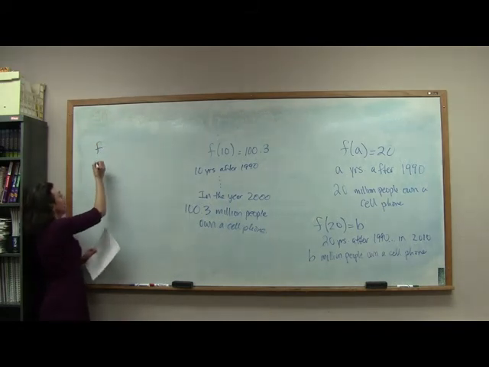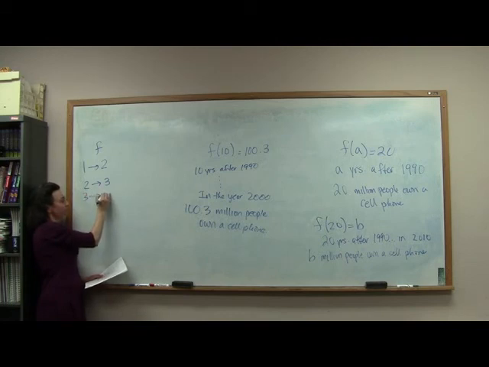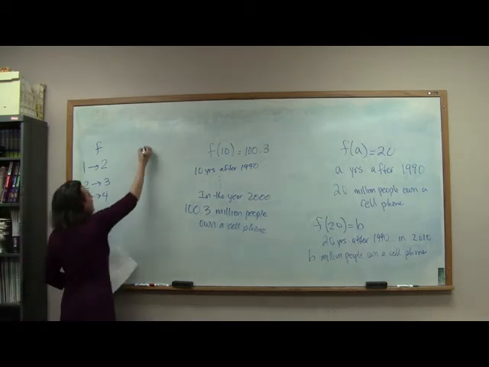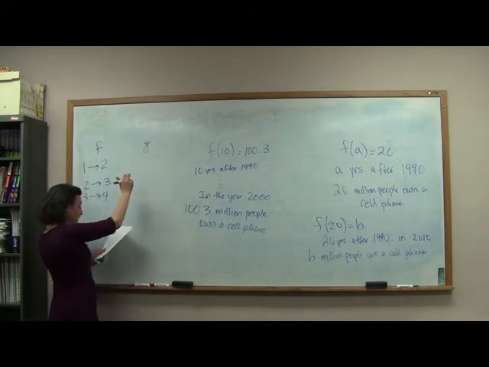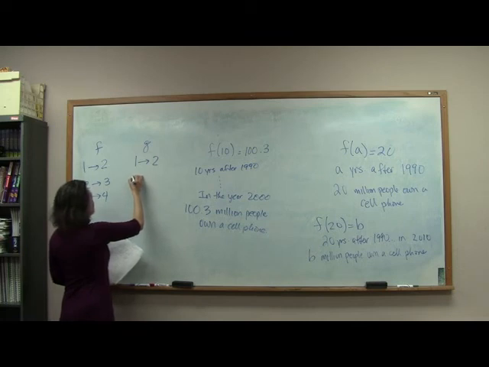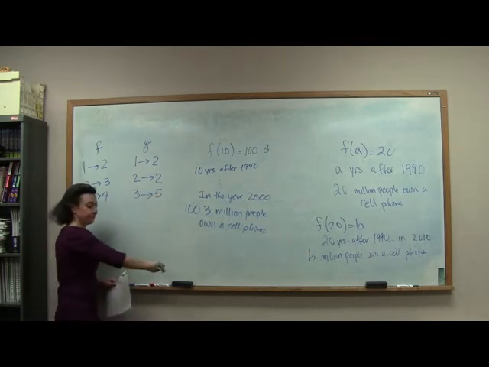Okay? So let's call this guy f. Let's pretend that my relation f takes 1 to 2, it takes 2 to 3, and it takes 3 to 4. It's pretty darn exciting. And now let's talk about g, and let's say this takes 1 to 2, 2 goes to 2, and how about 3 goes to 5?